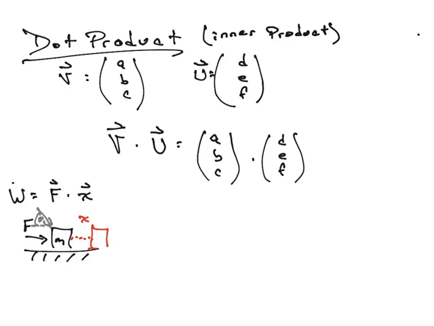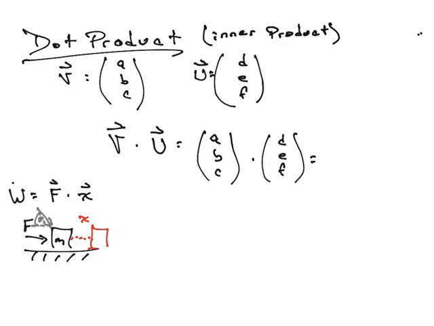Well, it turns out that to properly calculate it, if we're going to think in vector terms, is to multiply these two vectors, the force you're applying to move the object and the distance the object moves while you're applying that force. That form of multiplication is the dot product. And we saw how to do it with general physics. Now we're going to look at it in terms of linear algebra.